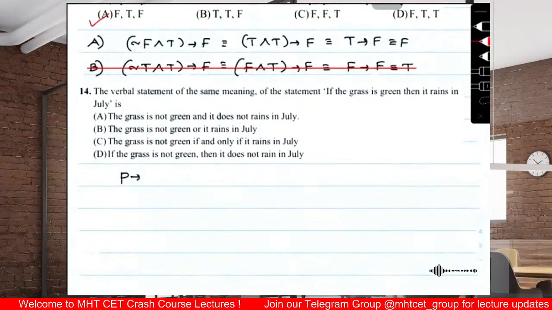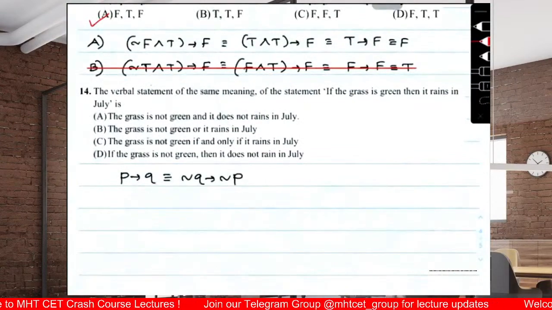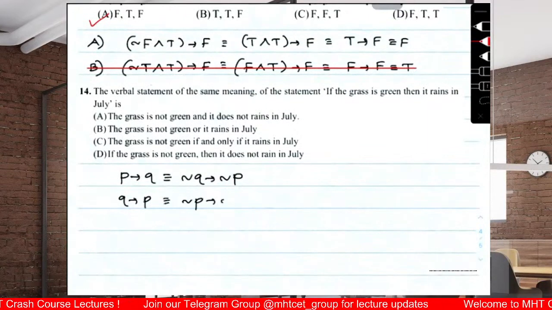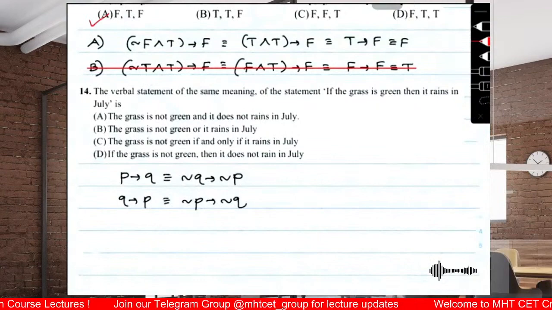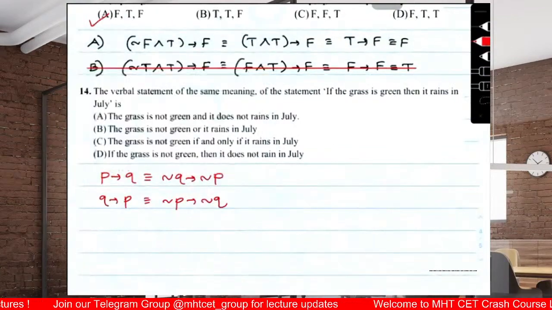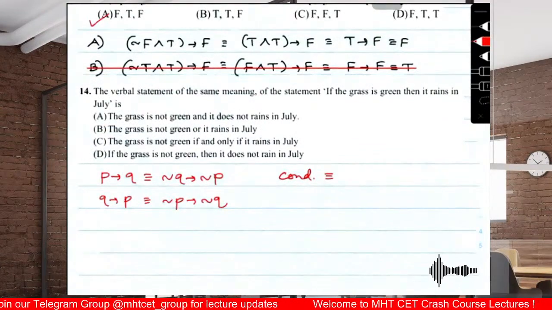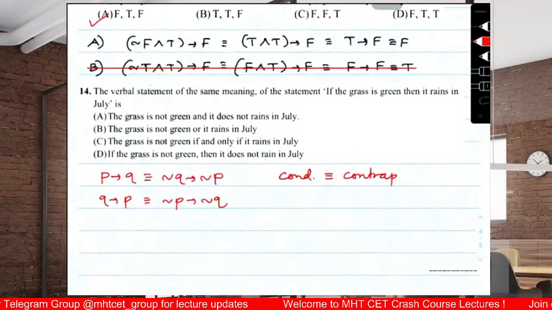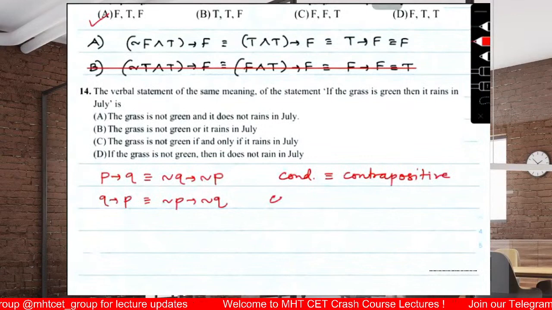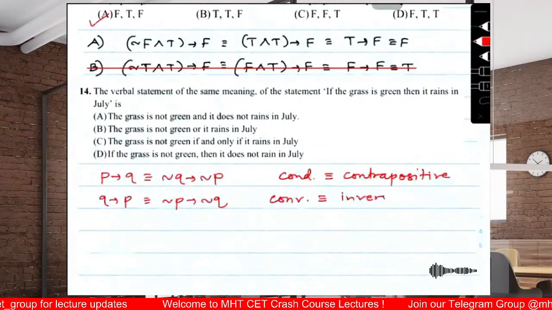Conditional statement is always equivalent to its contrapositive, and the converse is equivalent to inverse. Okay, so we'll keep this in mind.